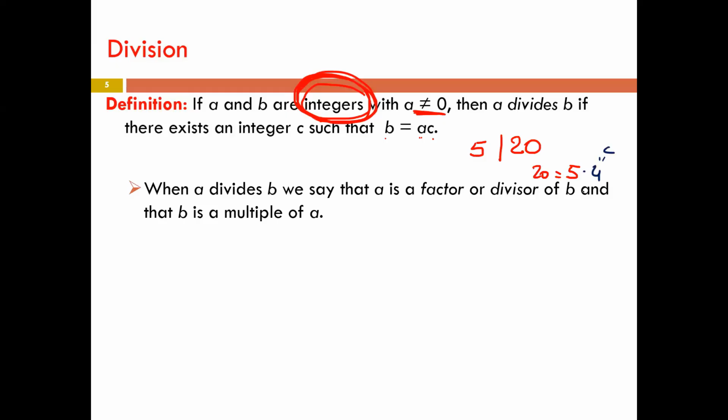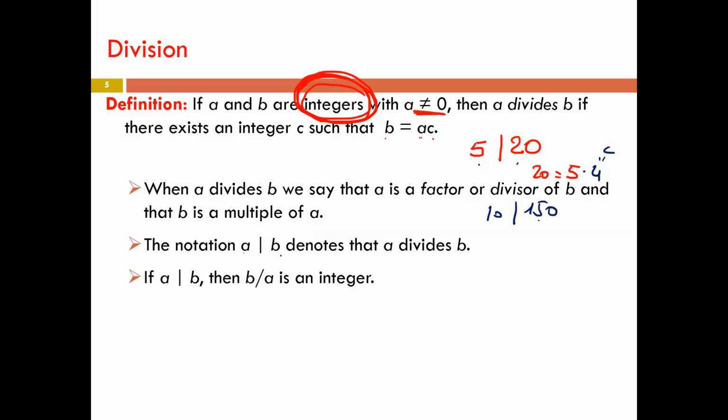We denote that A divides B. 5 divides 20. 10 divides 150. This is the symbol for the division.